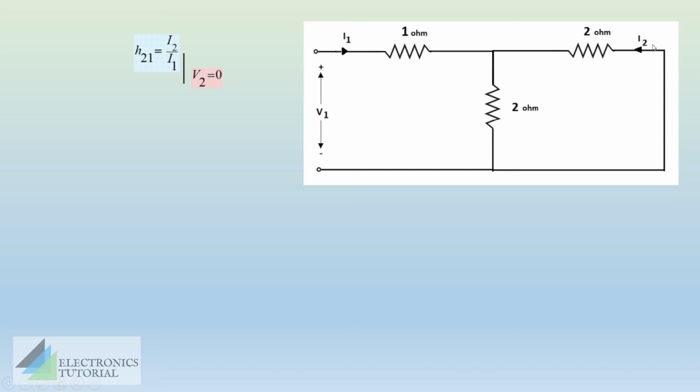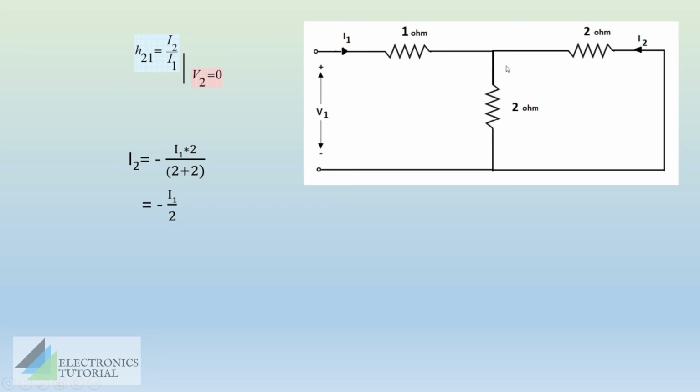So we'll get the expression for I2 using the current division rule. The current division rule explains that the current through any branch will be equal to total current into resistance in the other branch divided by total resistance. We need to find the current through this branch. It is called I2. I2 is equal to total current I1 into resistance in the other branch.